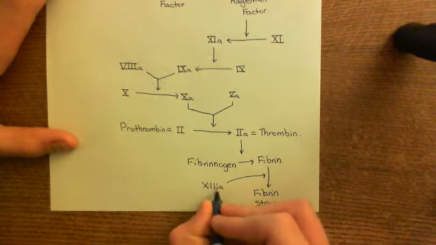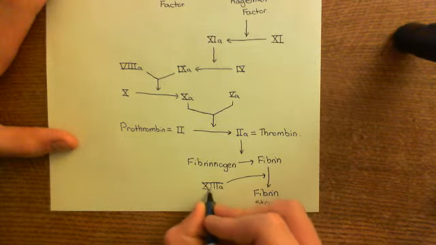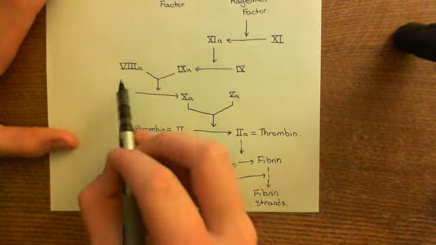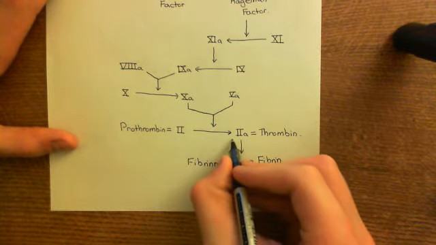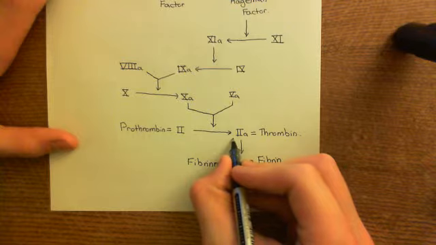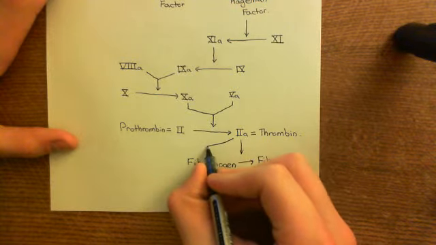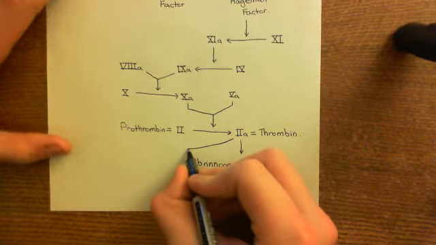Right, so I also promised to tell you where factor 5A and factor 8A come from. Basically, when you've got thrombin, or factor 2A, it activates factor 8 and factor 5.